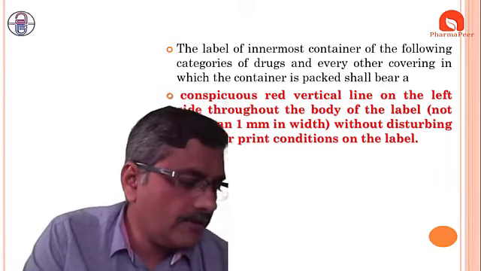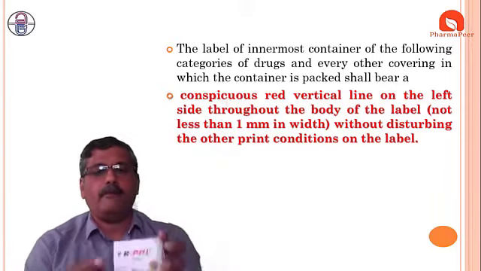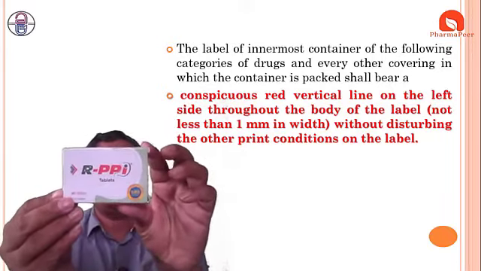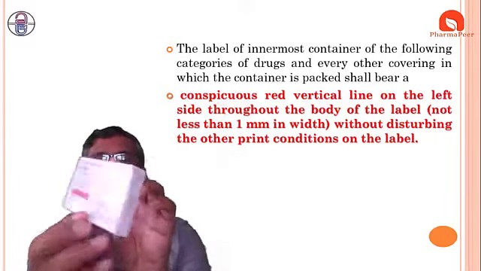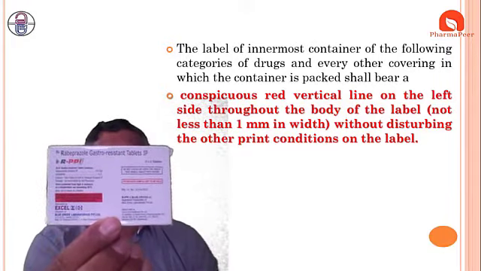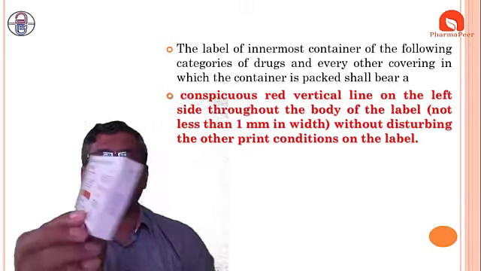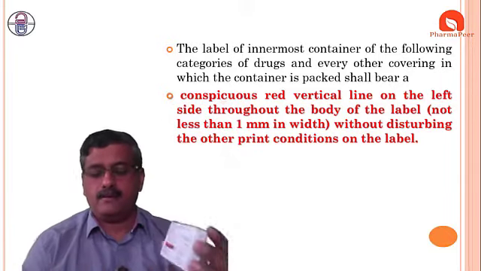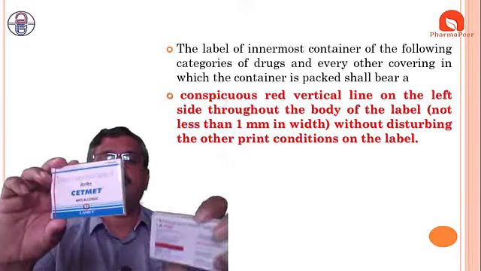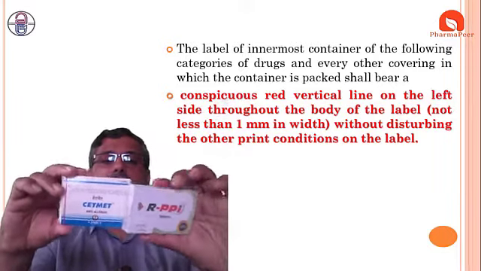There are a few other tablets where there is no red line, so they are not scheduled drugs. In this label there is no mention of schedule H drug. Here a red line is present, but in this case there is no red line.